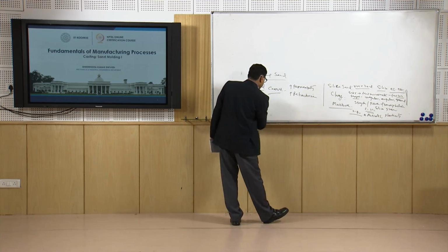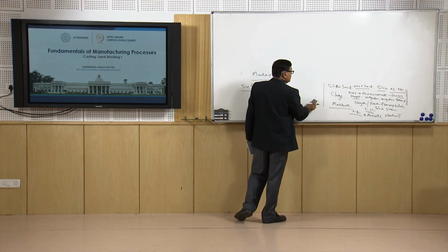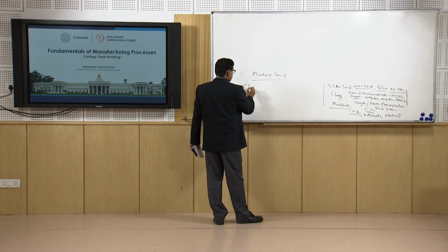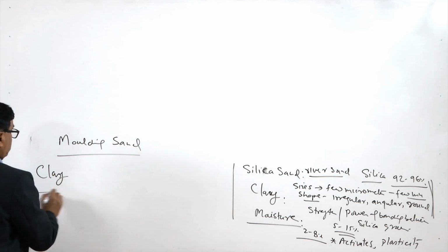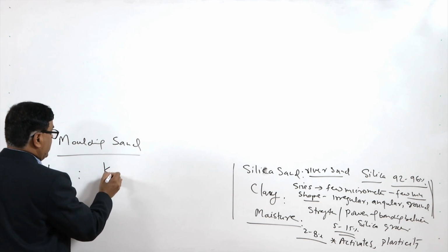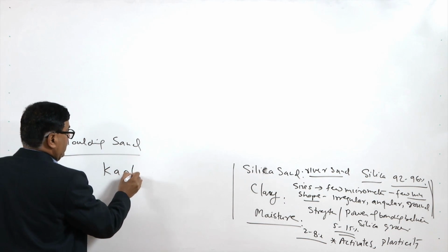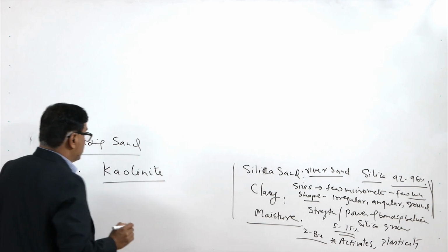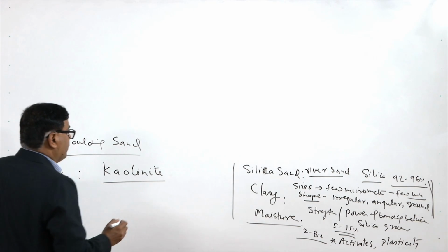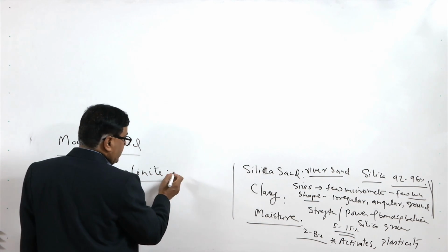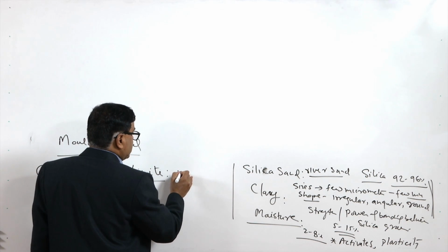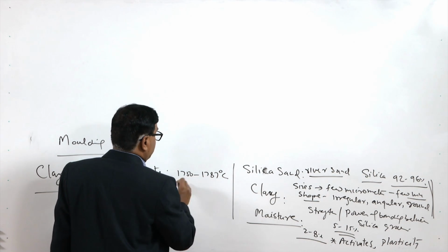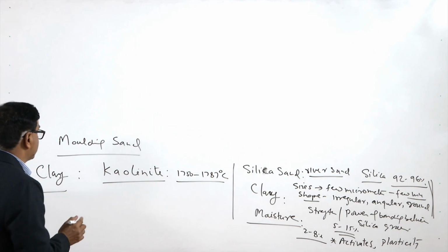Coming to the clay, it is added as I have mentioned in 5 to 10%. There are two types of clay. One is kaolinite. This is one of the binders which has good refractoriness of like say 1750 to 1787 degrees centigrade, the temperature range in which it can sustain.